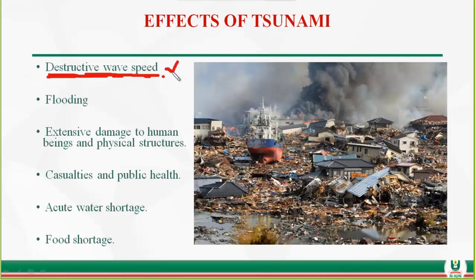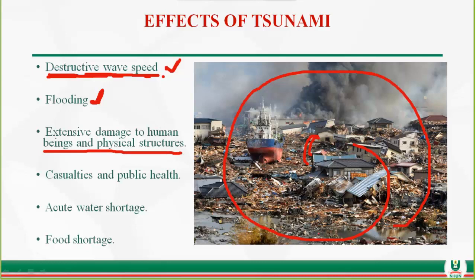In fact, this is the major element that causes most of the destruction that you see right there. Then it causes flooding. You can have very severe flooding by the effect of tsunami. It also has extensive damage to human beings and physical structures, as you can see in the image here.